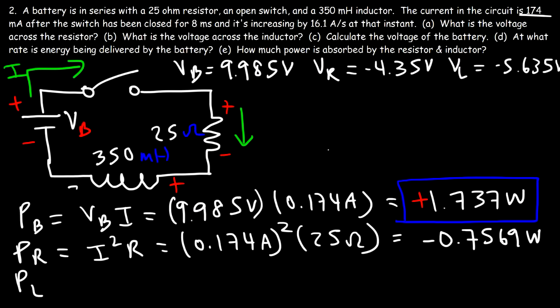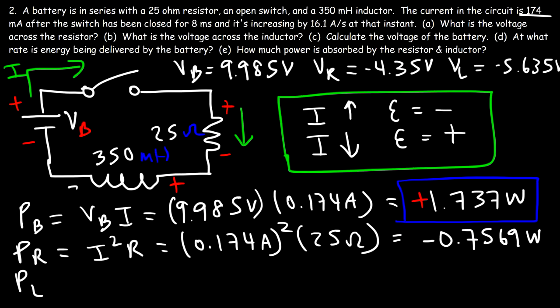And the inductor, when the current is increasing, the inductor will consume energy. It's going to have a negative EMF value. But if the current is decreasing, the inductor will increase the energy of the circuit. So you need to be careful when dealing with the inductor. For the inductor, it's going to be the voltage times the current, and the voltage of the inductor is negative L di/dt, and then times the current.